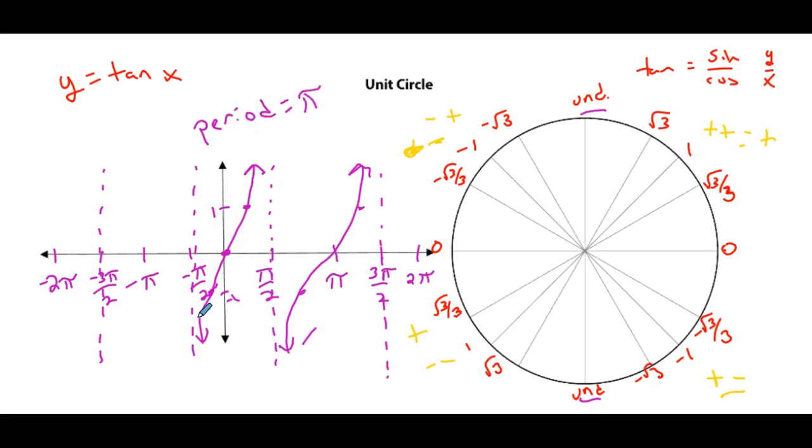It only takes pi for the tangent function to complete one full cycle, which is different, of course, than sine and cosine, which was 2 pi. Hopefully this helps you to see why the period for tangent is only pi. It takes one round to get back to the original starting point, and then it just repeats itself. So 2 full periods within 2 pi. Alright, and that's the graph of tangent.